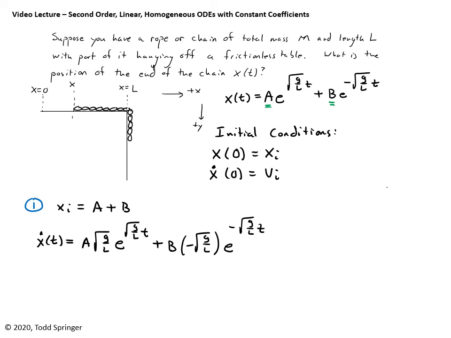So applying my second initial condition, I'm going to have vi is equal to a square root g over L plus minus b square root g over L. So I've got two equations, two unknowns, solve for a and b.